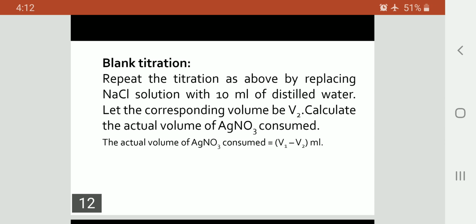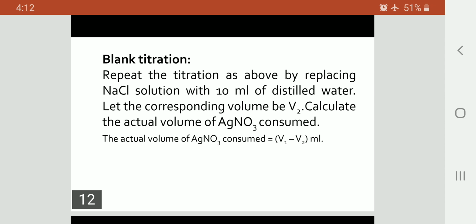Now coming to the next part, that is blank titration. The blank titration is a titration where we will repeat the same process, but instead of taking the standard NaCl solution, we are going to use the distilled water in which we have prepared our NaCl solution. Chances are very small that the distilled water contains chloride ions, but it may contain some.